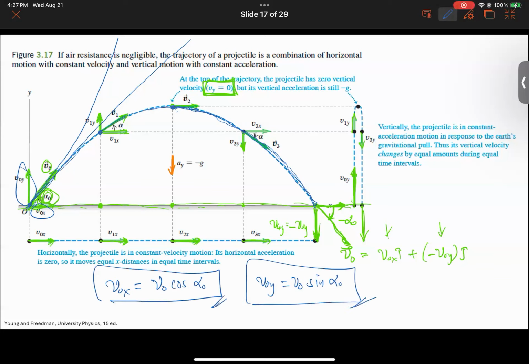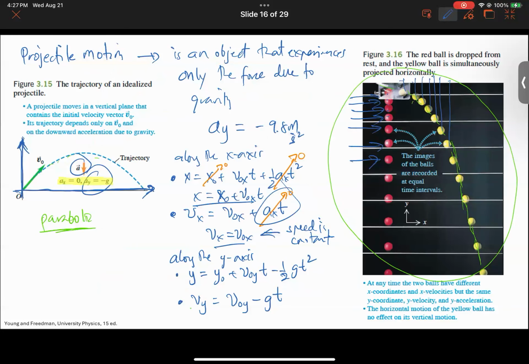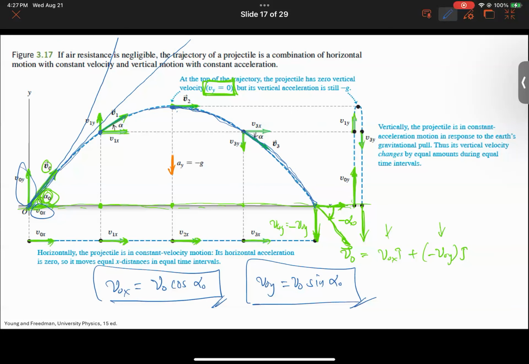Okay, so now we have these equations on top of the kinematic equations. With that, we can solve problems involving projectile motion. Now, just for completion, sometimes the problem asks for the position.